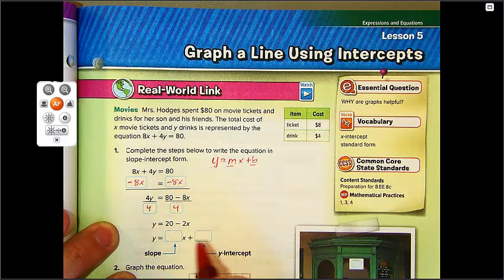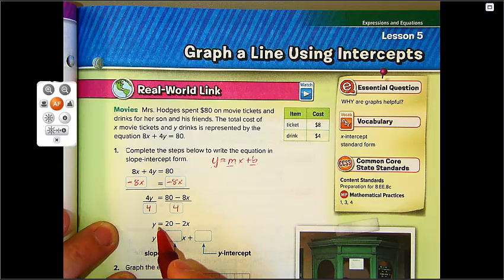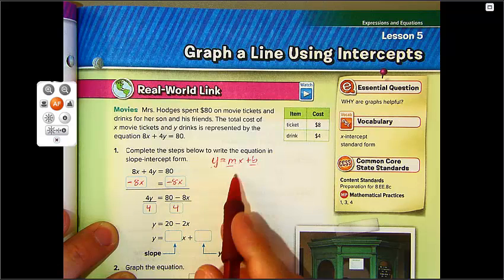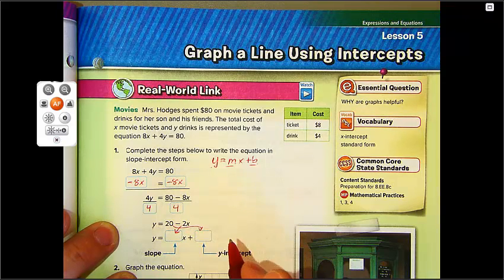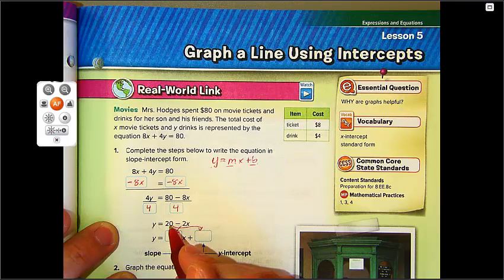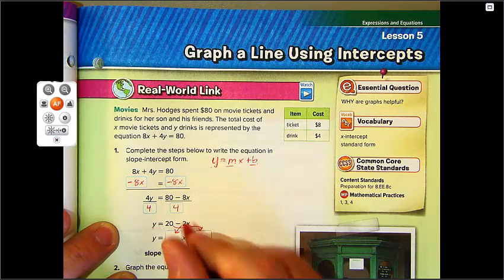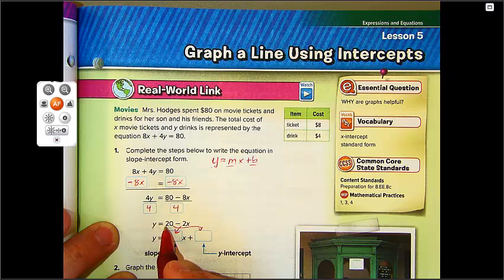Okay. Now, what we notice is y equals, we don't have mx plus b here. What we have is the b followed by the mx. So we need to flip the order. We need to basically move this that way and this over there. The constant number always goes last. Now you have to be very careful here, because notice the 20, is it positive or negative?